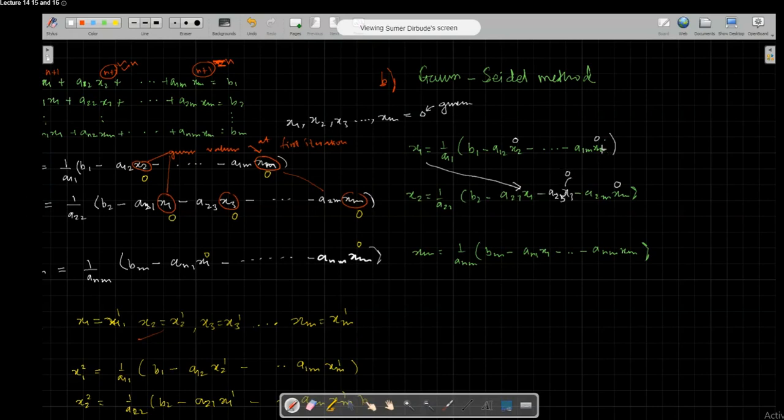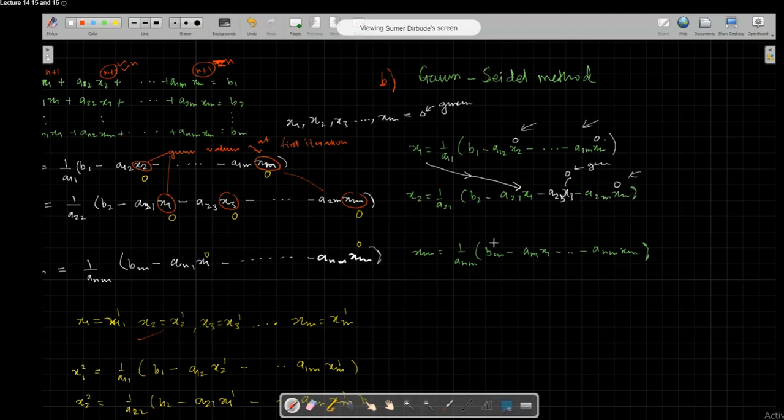But x1 will be whatever x1 we now obtained here. So the latest value of the variables will be coming. This is a guess value. First time you have to use all the guess values. Then once we calculate a corrected value, that corrected value is substituted along with all other values. They are not corrected values available, so guess values only are used.